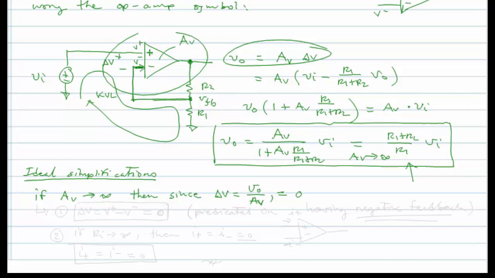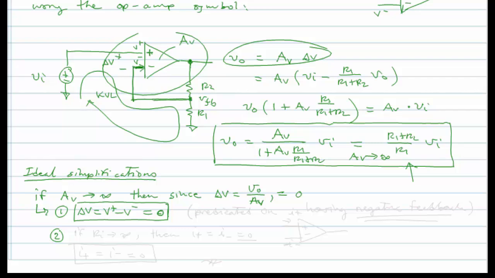So the first simplification is delta V, which is equal to V plus minus V minus, is equal to 0. All right, that's actually a rule that we don't go solve for. We actually claim that right from the beginning. And then secondly, you notice that although I drew a resistor up here, I did not actually include any resistance here. And I should have stated that we assume that Ri is infinite.